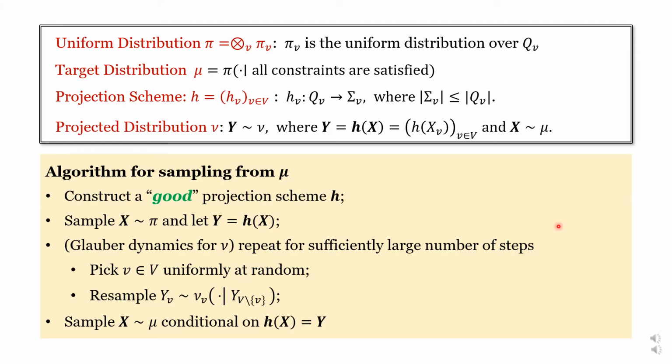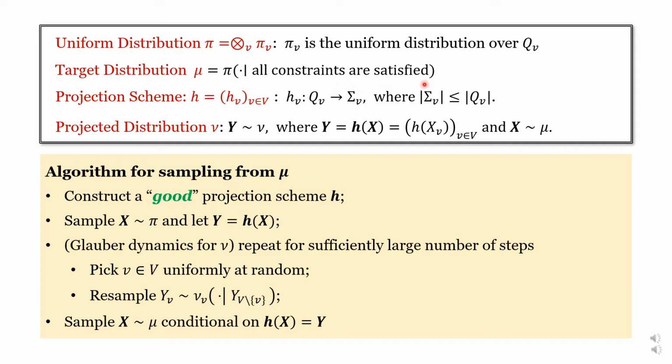To show how to realize the state compression, we need the following notations. Let pi be the uniform distribution over all possible assignments. Then, the target distribution mu is the conditional distribution of pi, conditioned on that all the constraints are satisfied.